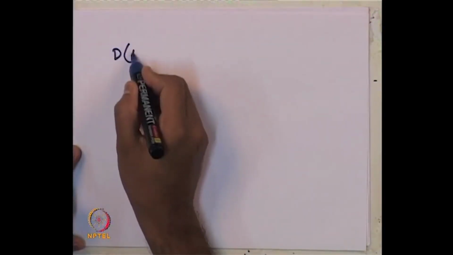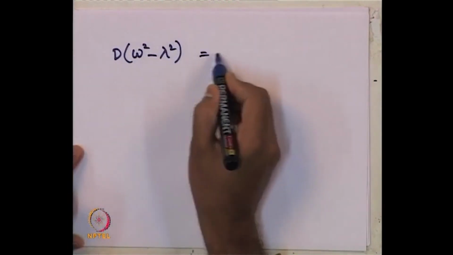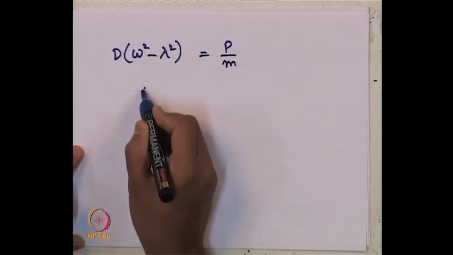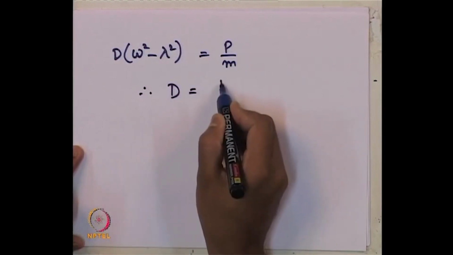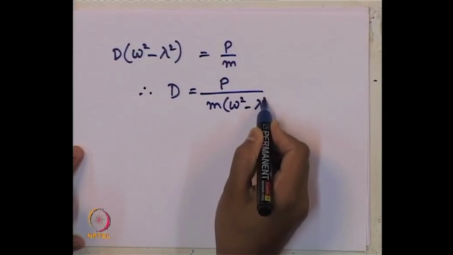For that we will equate the cosine terms. Now, equating cosine terms, we can write d omega square minus lambda square cosine of lambda t equals to p by m. Therefore, d is p by m omega square minus lambda square.